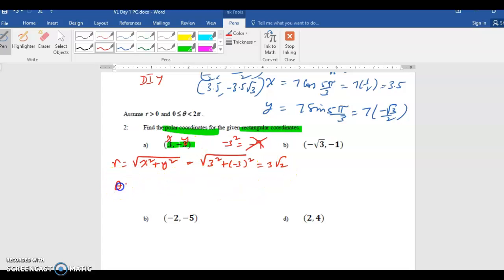So how to find the angle? You have done this number of times. Inverse tan y over x, which is negative 3 over 3, which is tan inverse of negative 1. And that would happen either in the second quadrant or the fourth quadrant, because tan is negative in those two places. So that's what you have to be careful about.